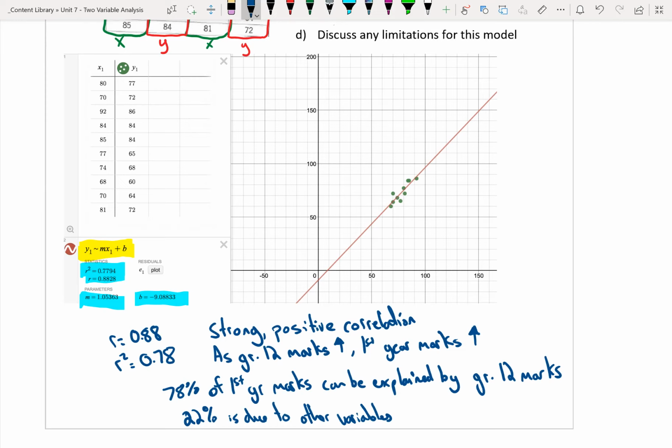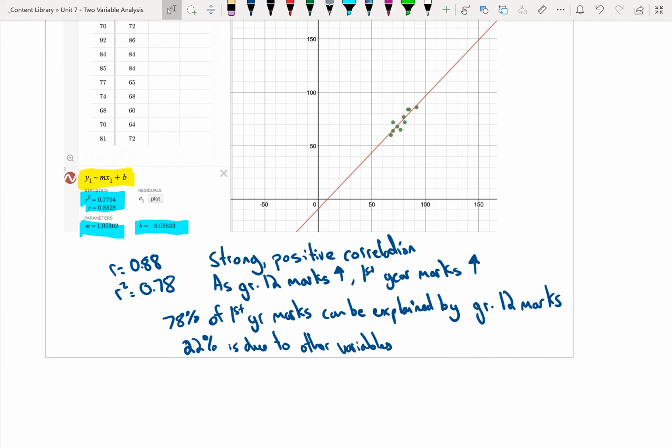So because 22% is due to other variables, you could argue that the prep course is not very helpful, or it doesn't have a high degree of helpfulness, because only 78% of the variation is explained by your grade 12 marks. So whether you took the prep course or not didn't have that much effect, or it only accounts for 22% of the variation.